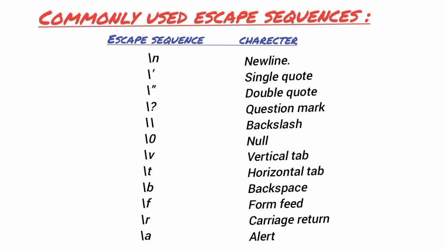Similarly, backslash quotation mark is double quote, backslash question mark, double backslash, backslash zero is null, backslash v is vertical tab, backslash t is horizontal tab, backslash b is backspace, backslash f is form feed, backslash r is carriage return, and backslash a is alert.